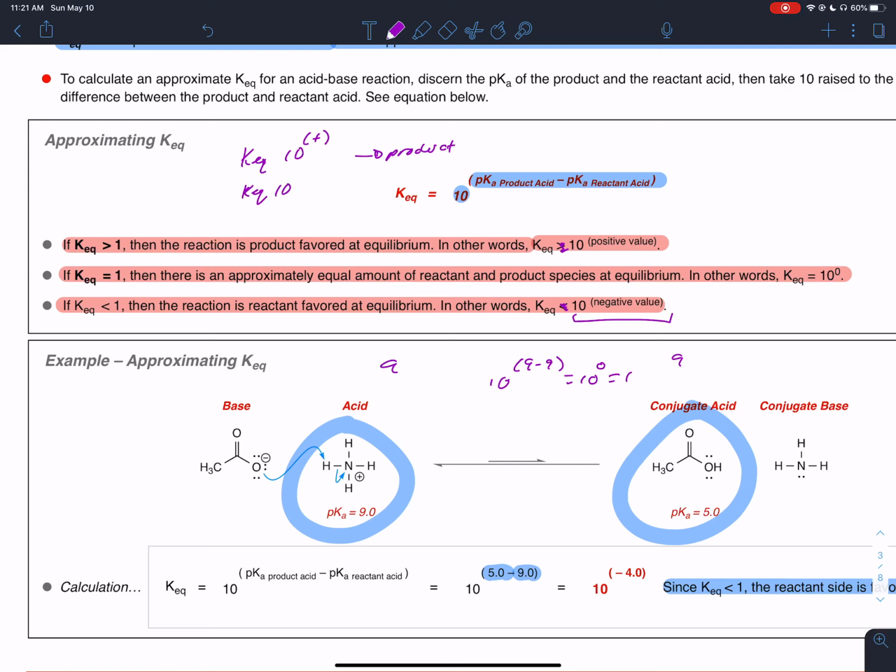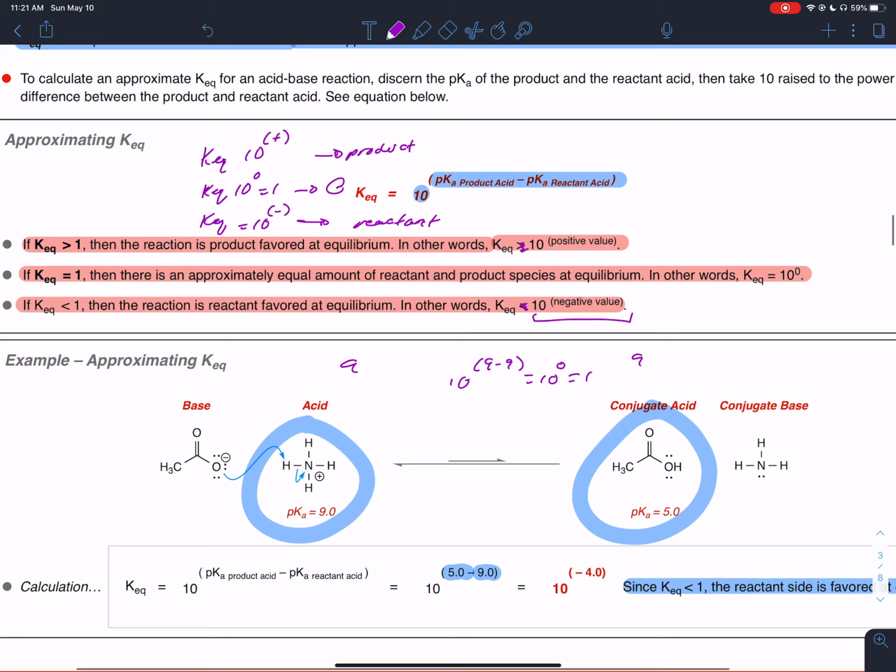If KEQ is 10 to the 0, which is equal to 1, then we are at equilibrium. There is no side that is favored. If KEQ is equal to 10 to a negative integer, a negative value, then the reaction is reactant favored. The reactant side is favored at equilibrium, okay?